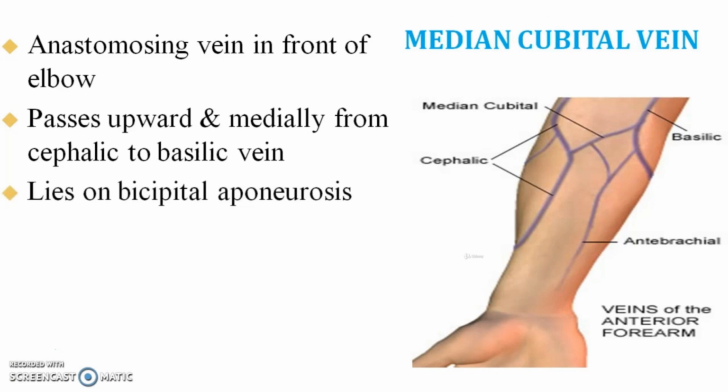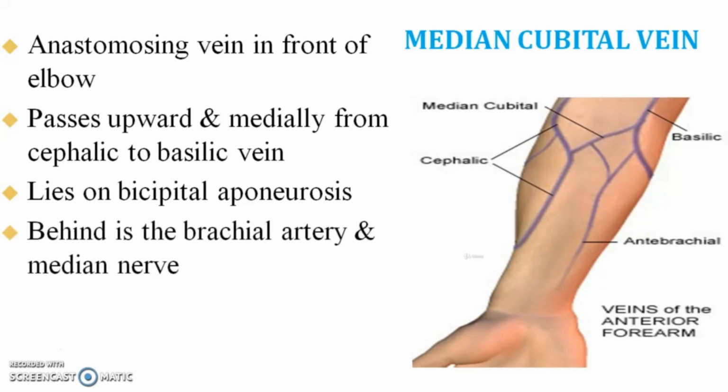You know, the bicipital aponeurosis is an aponeurosis which separates artery from vein. Below this we have the brachial artery, and above this we have the median cubital vein, and it is one among the roof structures of the cubital fossa.